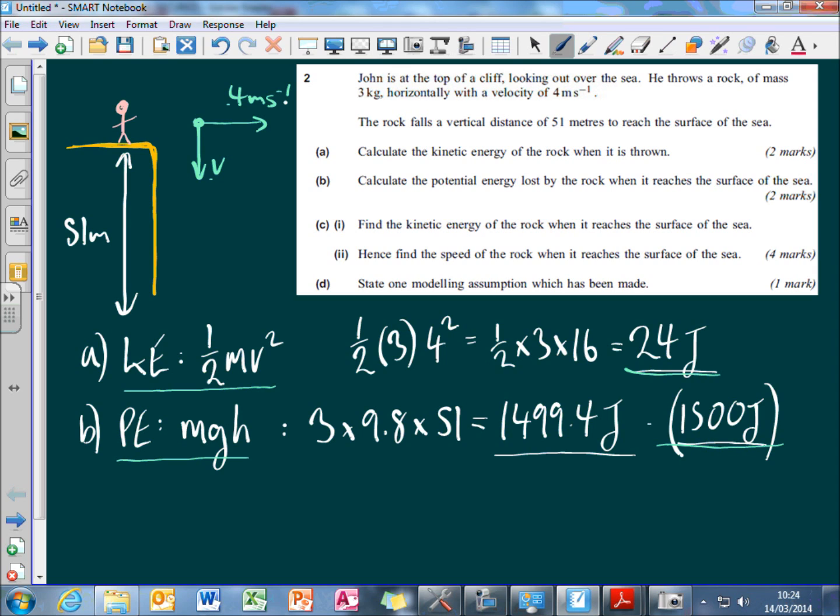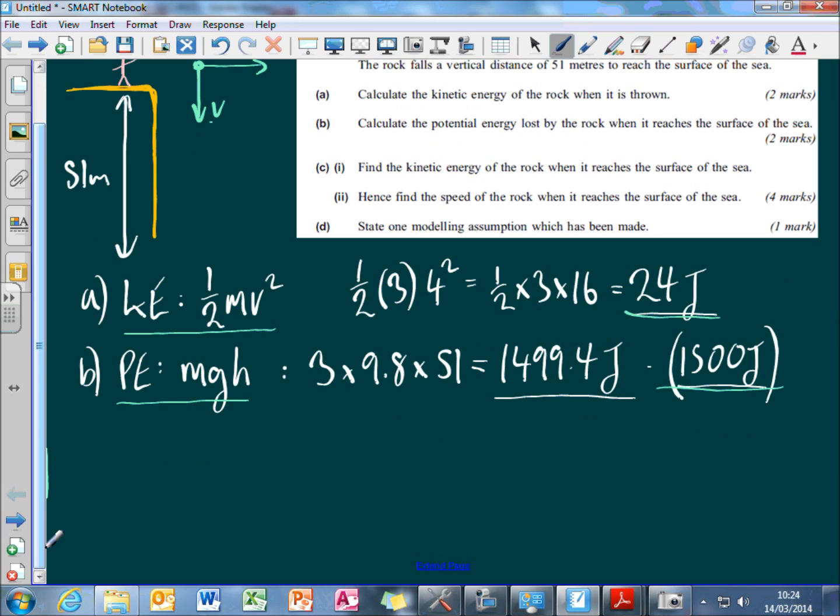So the question C(i) is asking for the kinetic energy when it hits the water. When it hits the water, is there any potential energy? No, because it's fallen, there's no height. So all of this energy from conservation of energy must have gone into kinetic, because we said that velocity is going to increase as it falls.